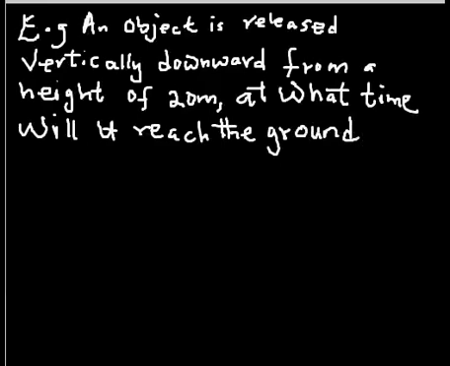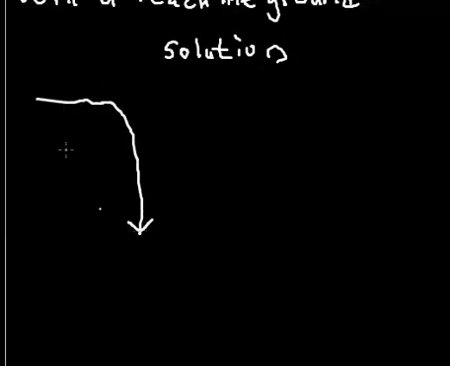Alright, so solution. We're looking at downward free fall from a height. This object falls from a height, and according to the question the height is 20 meters. So let's write our parameters.